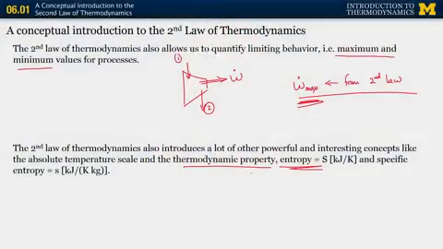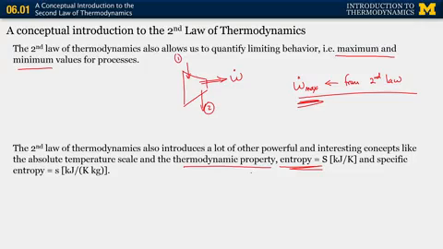For us, we're not going to look at state relations for entropy, or at how to determine entropy from state parameters. We just want to use the definition of entropy in order to constrain some of our processes. That may not make sense right now, but it will soon, because I'll show you how we're going to use that understanding that there is a property, entropy, that is defined by the second law, and it defines further ideal behavior for our thermophysical systems.